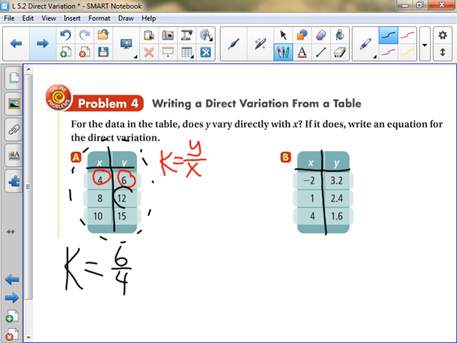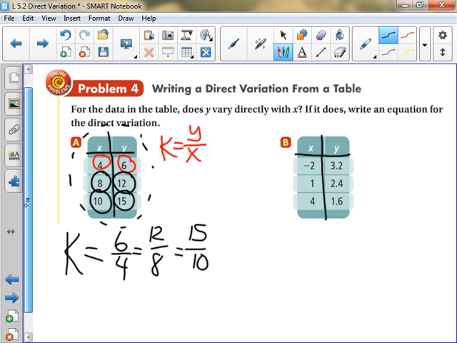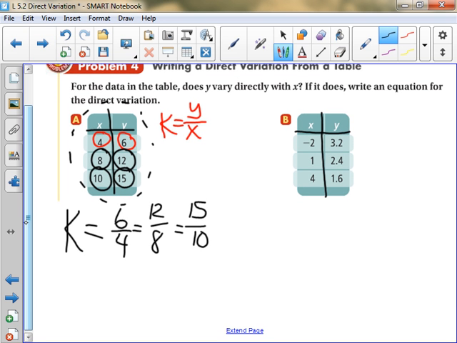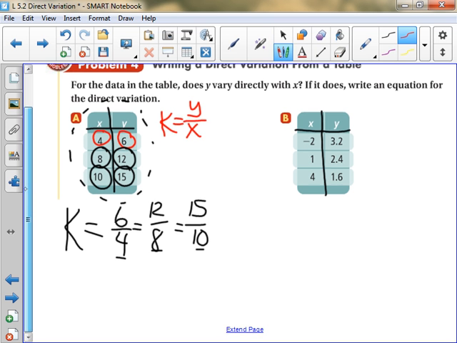Is that the same as 12 over 8? And is that the same as 15 over 10? The question really should say, is k the same throughout the whole table? Is 6 over 4 equal to 12 over 8 equal to 15 over 10?